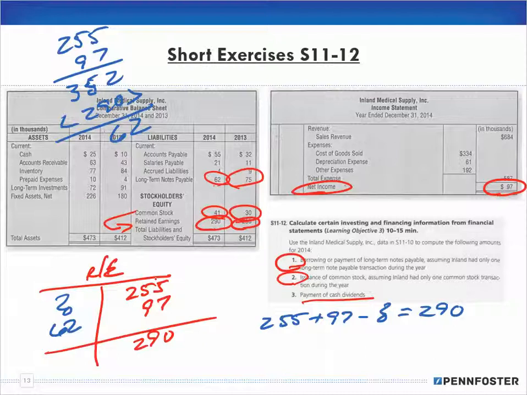Now notice a stock dividend does not affect retained earnings, because you're just generating additional shares of stock. But for a cash payment, that cash dividend comes out of retained earnings. So you have to take into consideration all of those various parts in order to arrive at whatever figure you're looking for. In this case, it was the payment of cash dividends.